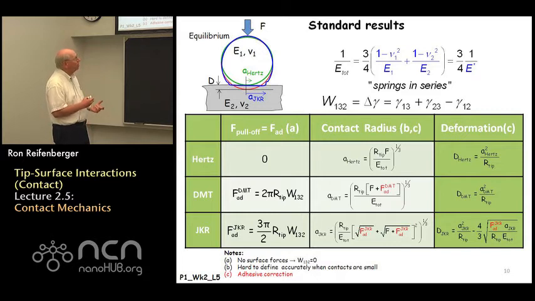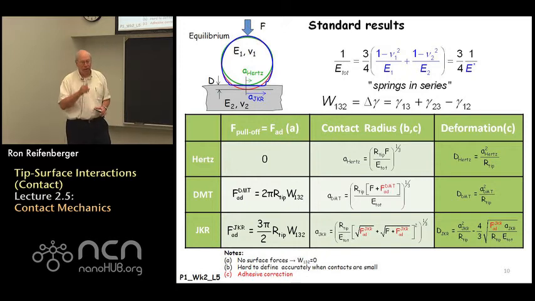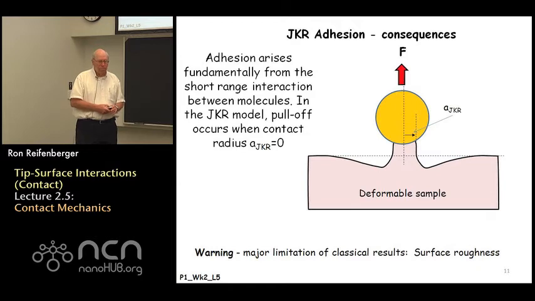The Hertz and DMT predictions for deformation are pretty straightforward. The JKR model for the deformation that results is a little bit more involved. It requires an explicit inclusion of the adhesion force predicted within the JKR theory, right?